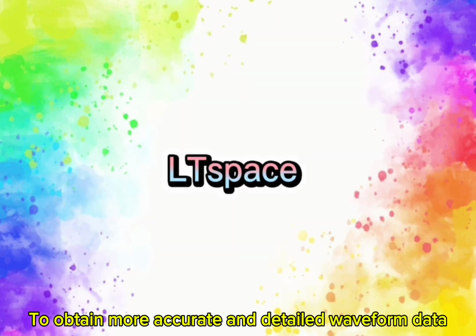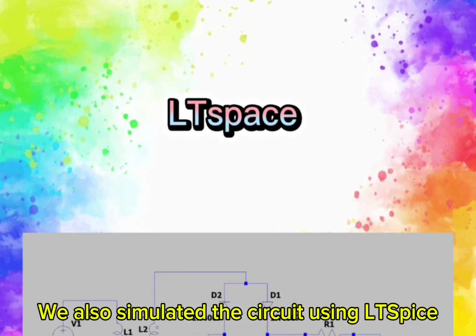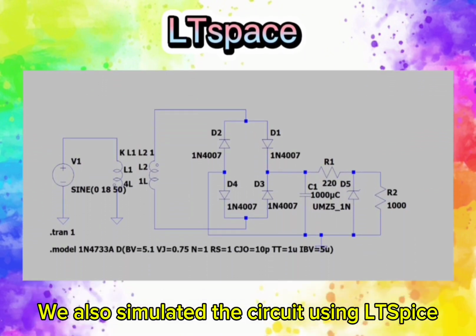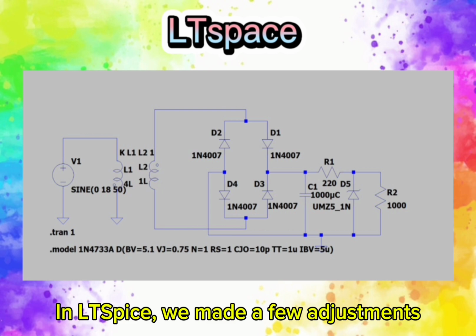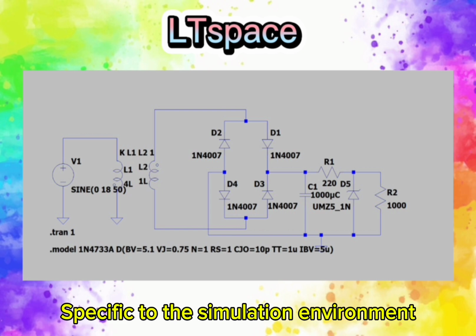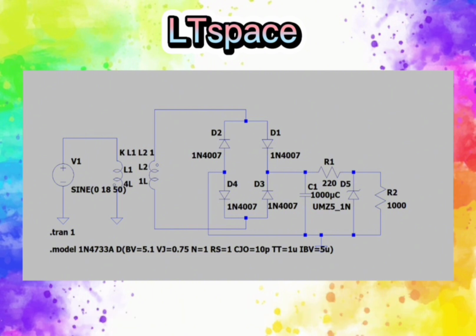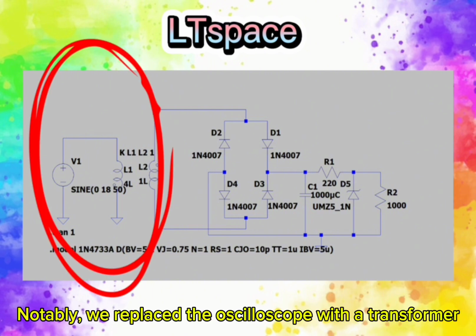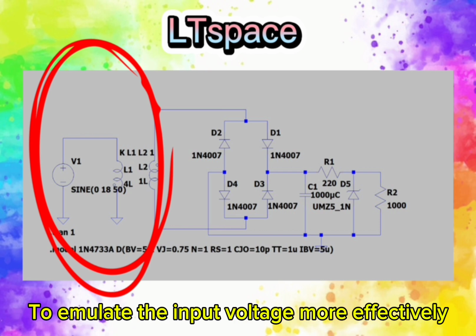However, to obtain more accurate and detailed waveform data, we also simulated the circuit using LTSpice. In LTSpice, we make a few adjustments specific to simulation environments. Notably, we replace the oscilloscope with a transformer to emulate the input voltage more effectively.